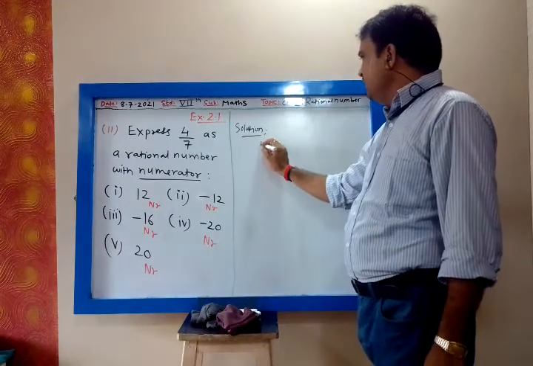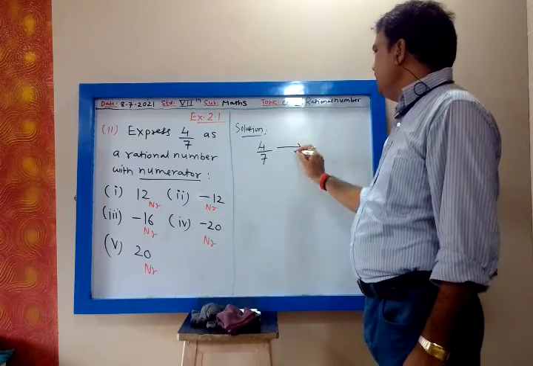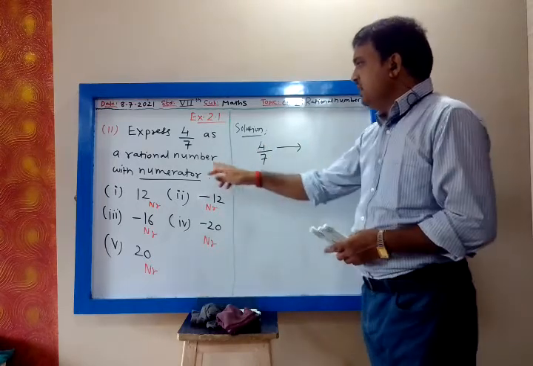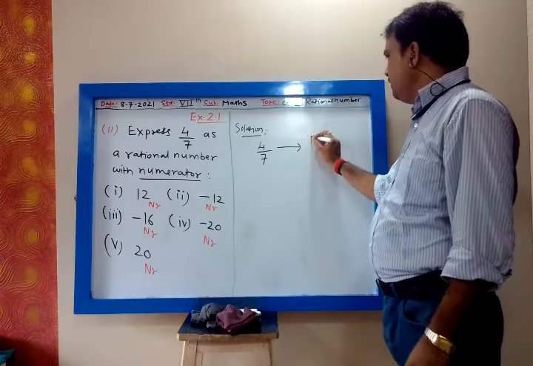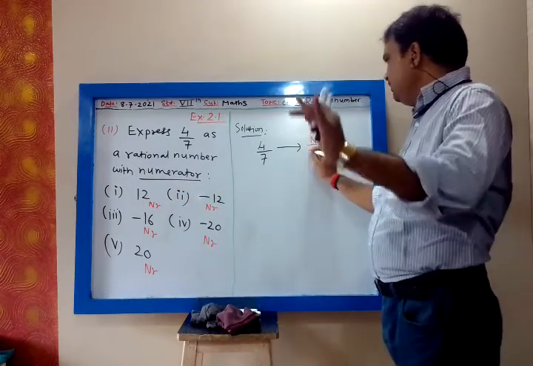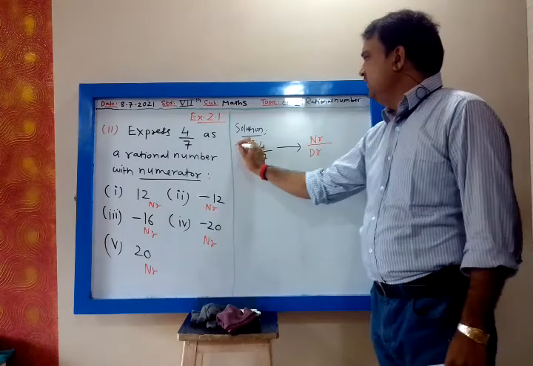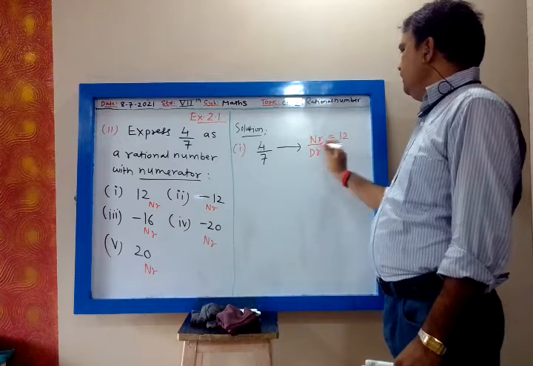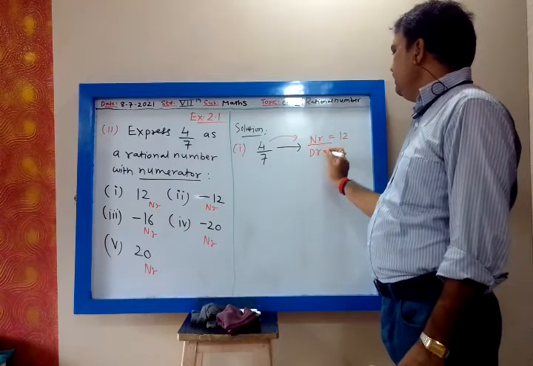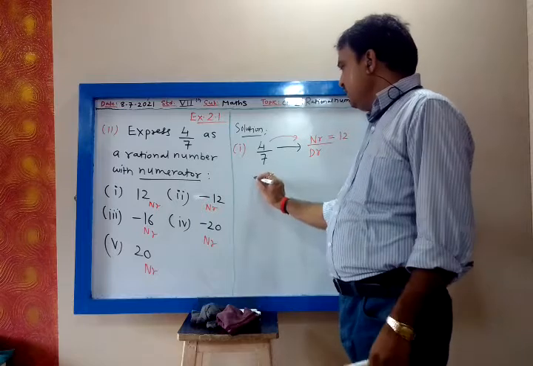So 4 upon 7, this is the rational number. This we have to convert into another rational number. But what is the condition? Numerator should be 12. Numerator we want 12. This 4 I have to convert into 12. Denominator can be anything. So now this is 4 upon 7.